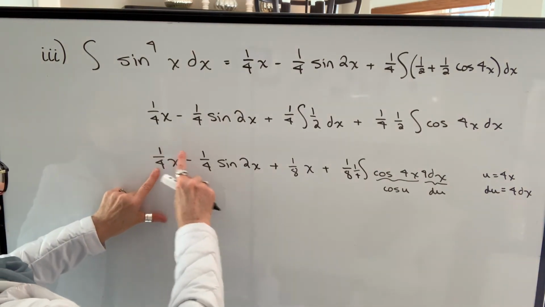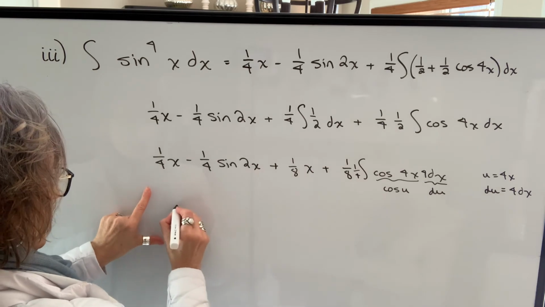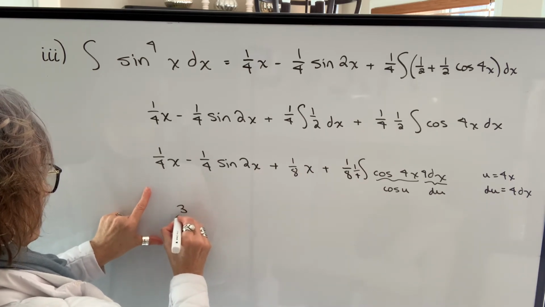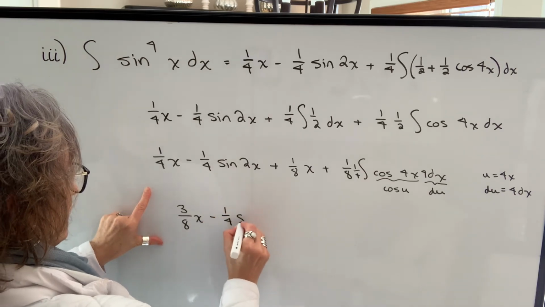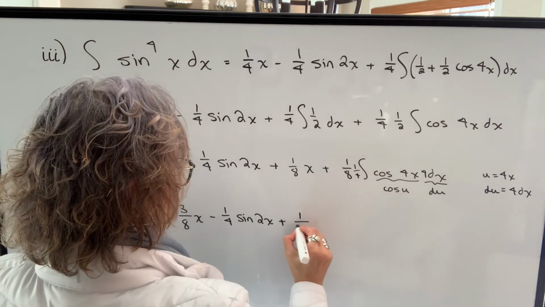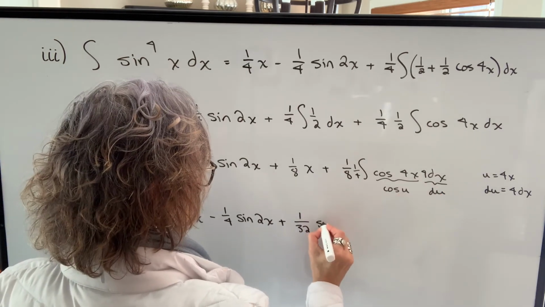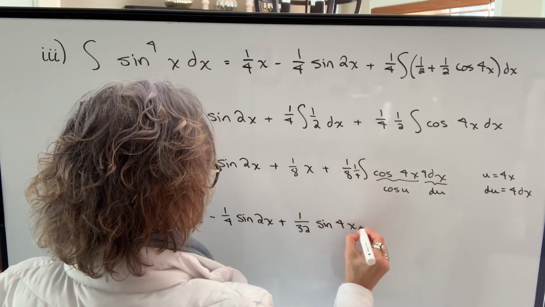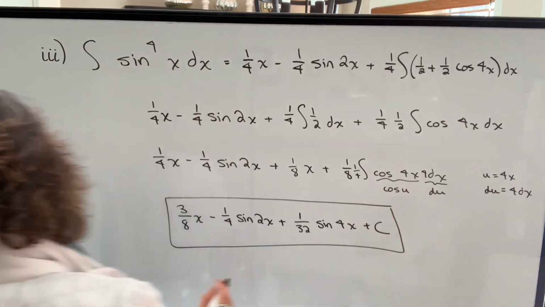I'm going to combine 1/4 x plus 1/8 x, which is 2/8 plus 1/8, which would be 3/8 x minus 1/4 sine of 2x plus 1/32 times the integral of cos of u du will be sine of u. I'll add my plus c at the end.